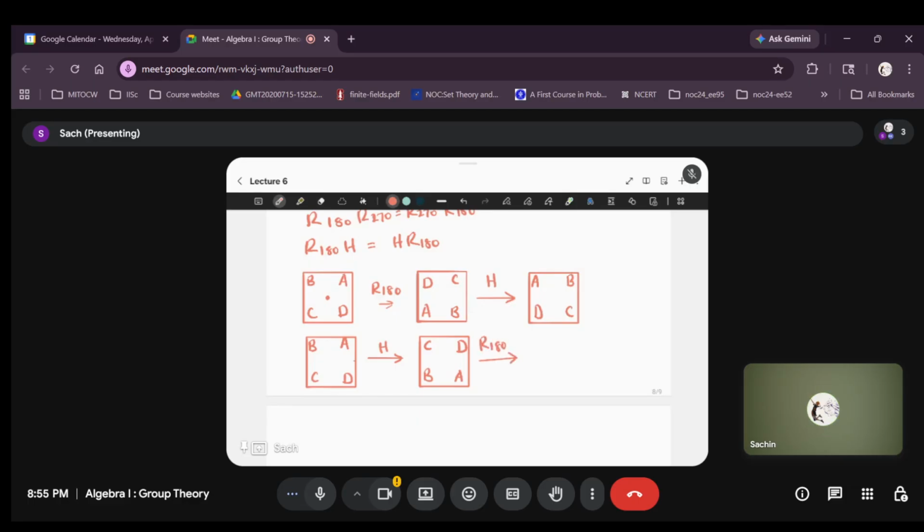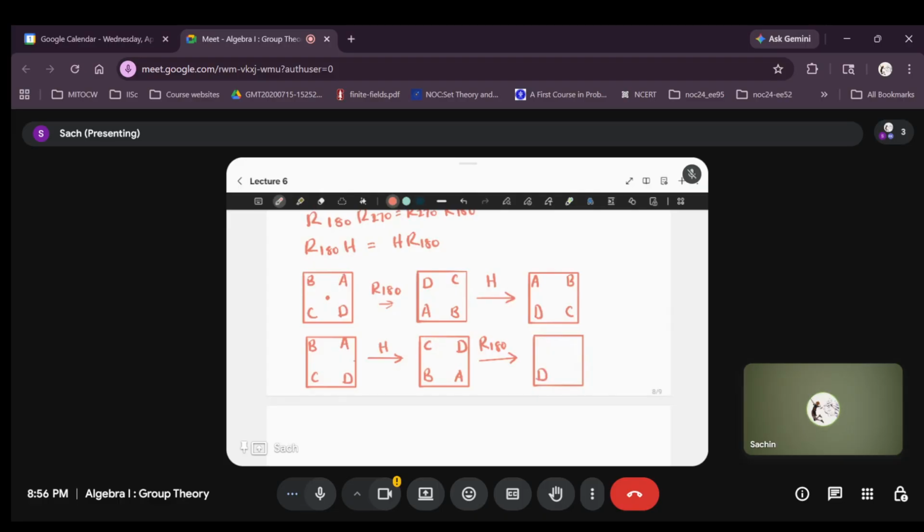Now, below I have already done H. I will do a 180. What is 180? Move all the letters counterclockwise by 2 positions. So this D is here, it will move to this position.